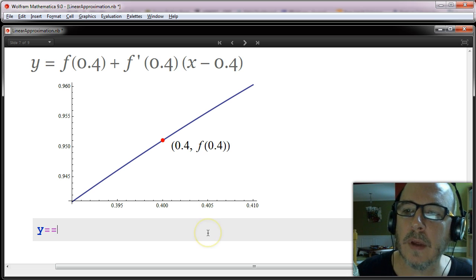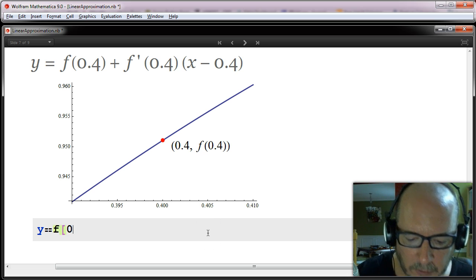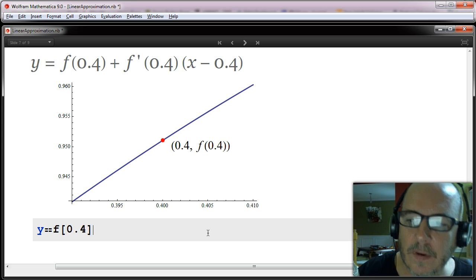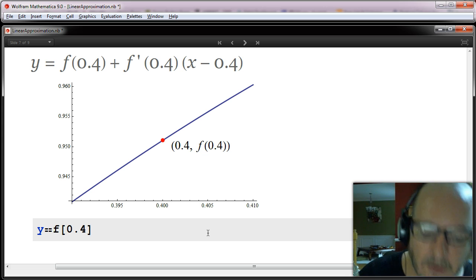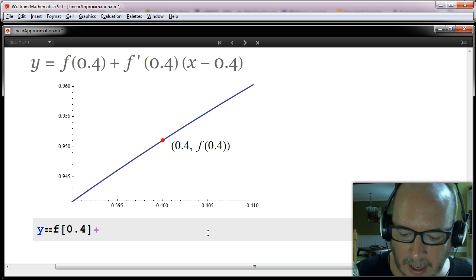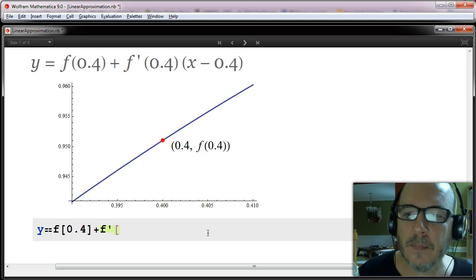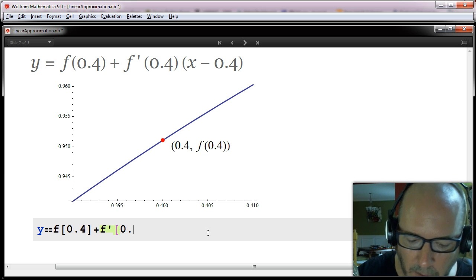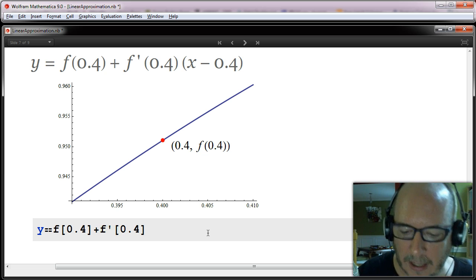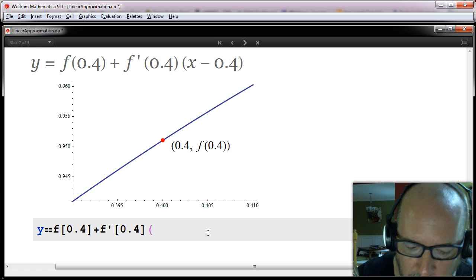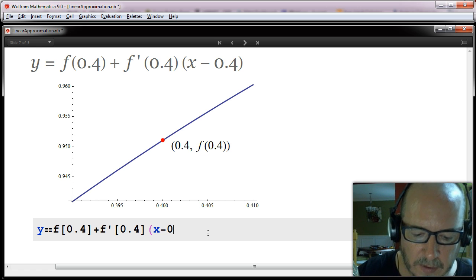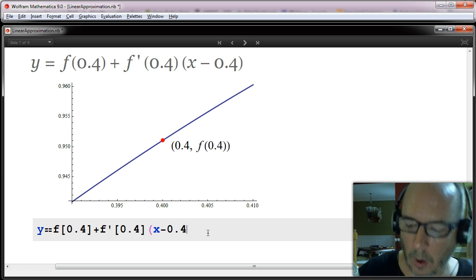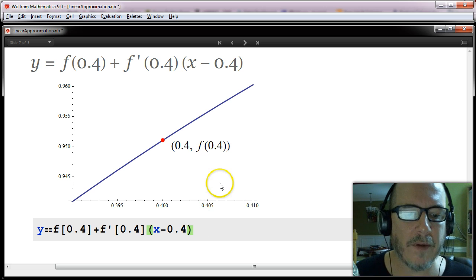So I could go y equals f of 0.4, and Mathematica knows what f is, so it would calculate it for me. I've defined it earlier. Plus, and Mathematica, if I take a simple function and write f, calling it f, and I put a prime on it, it will at least try to take the derivative, times x minus 0.4.